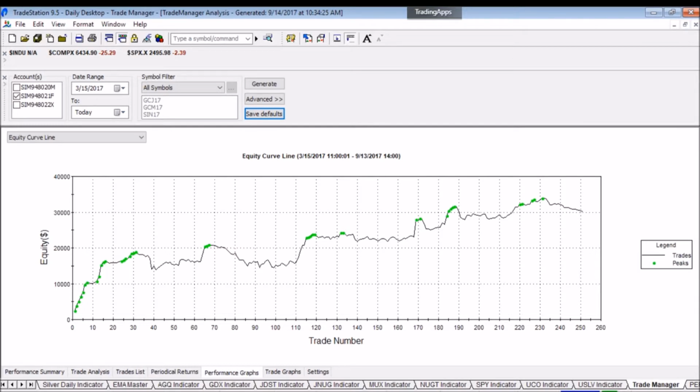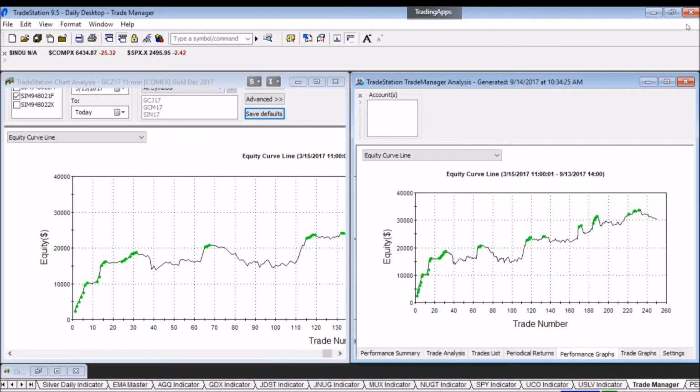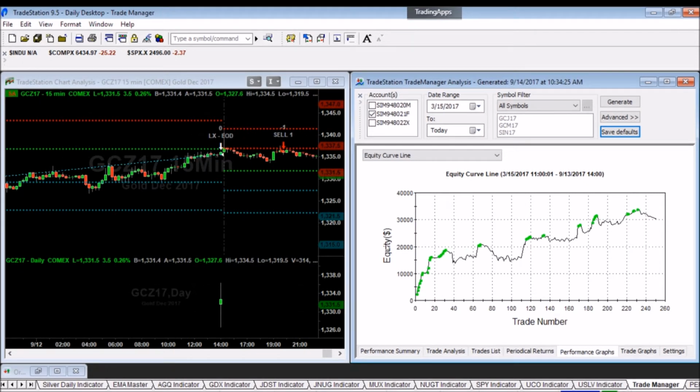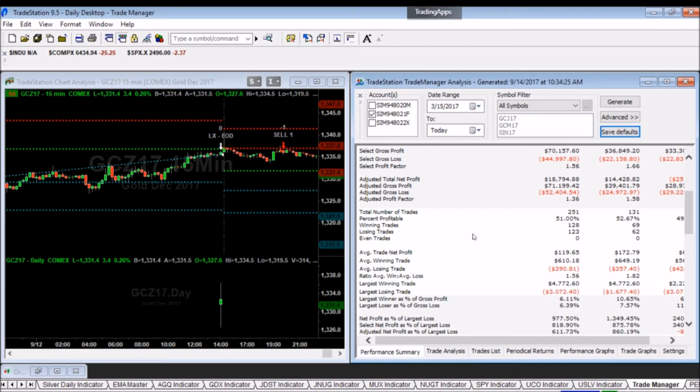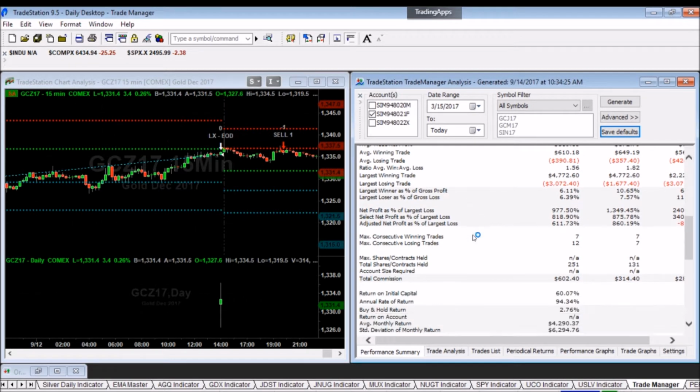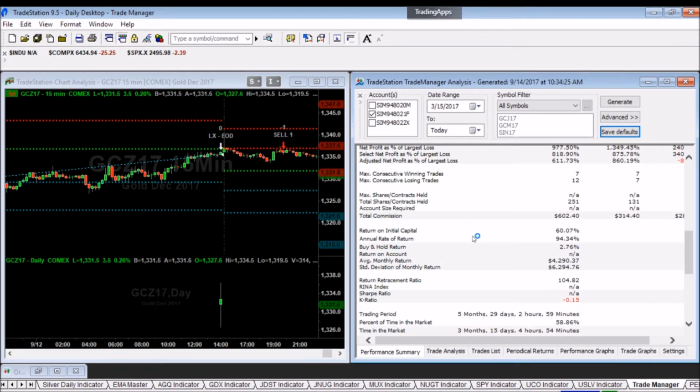So you can see that the profit factor is pretty phenomenal, and it's completely automated in this program that is traded here on TradeStation, completely automated and documented by the TradeStation platform.